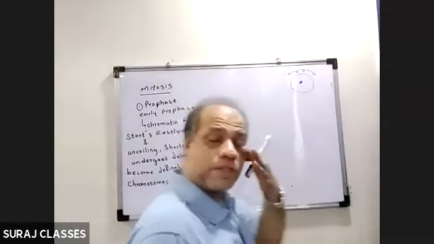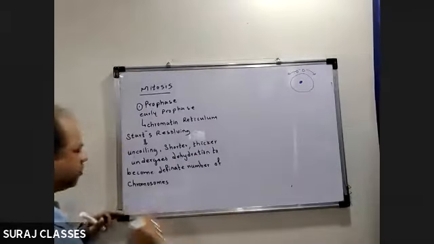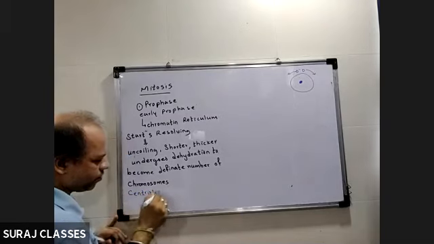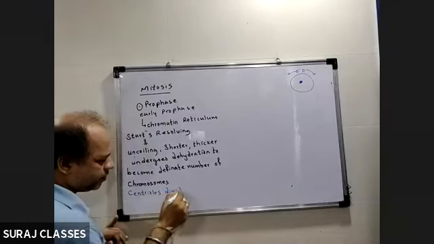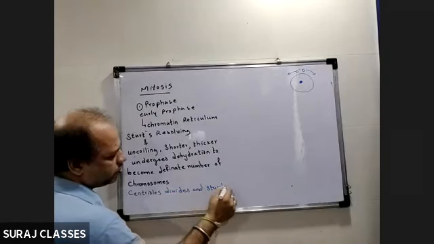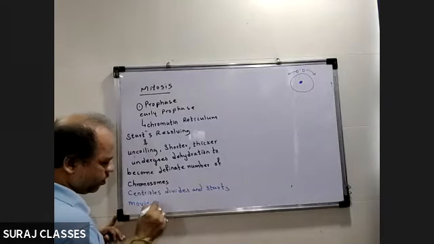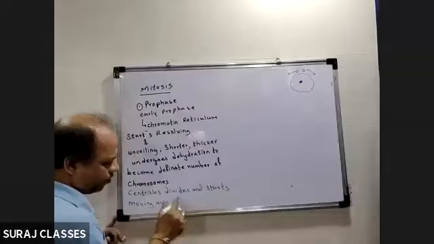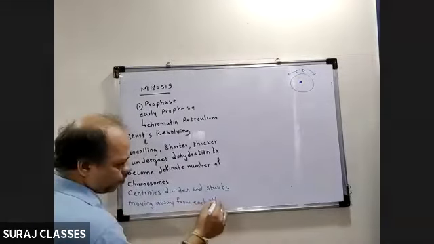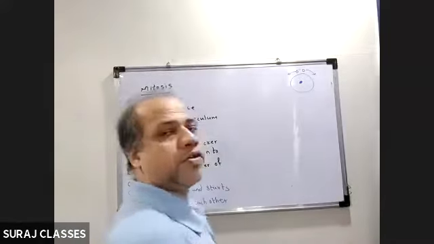The centrioles first divide into two centrioles, and start moving away from each other.